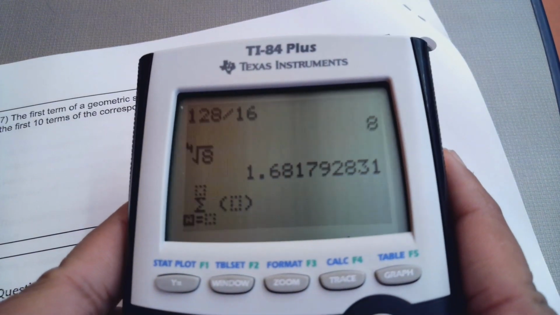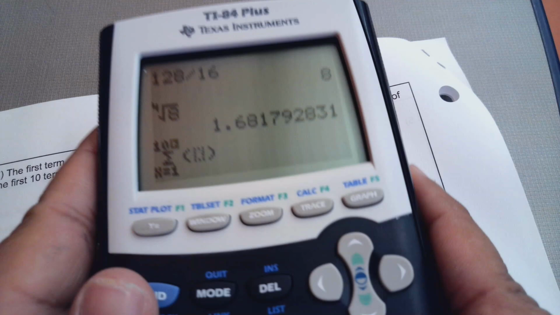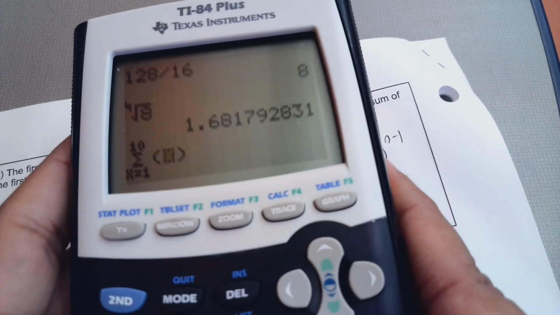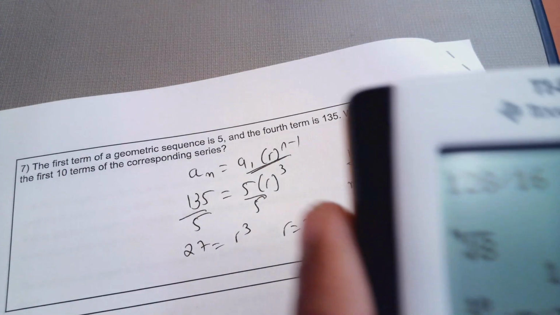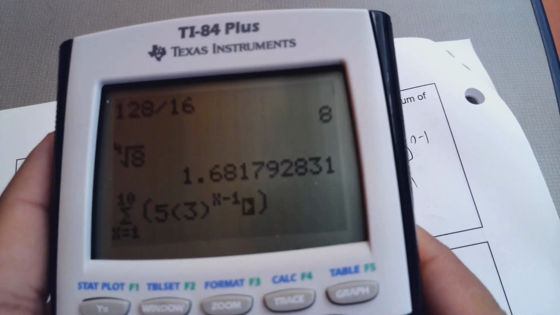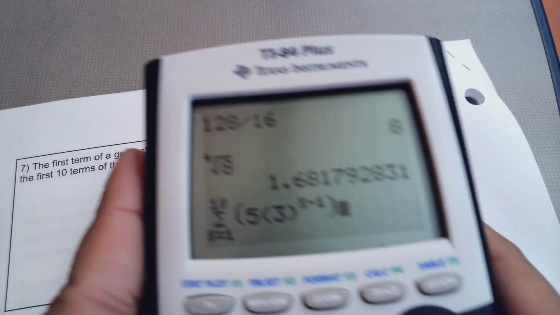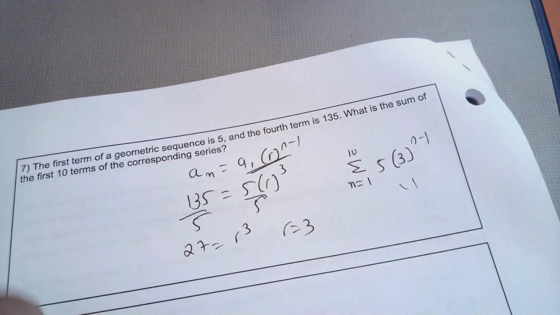Let this be x from the first term till the 10th term, right? Because that's what you're trying to find. Well, 5 is the starting point, 3 is your ratio to the power of x minus 1, and just press enter. 147620 is your answer.